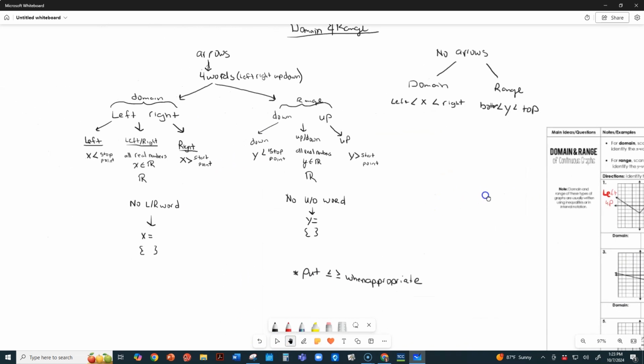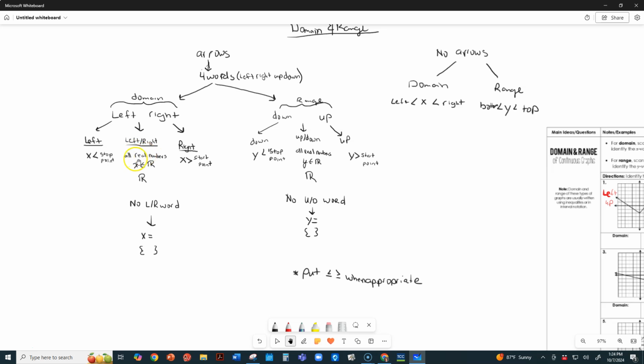So when I look over here, I see that when I use the words left and right, I use them both, then the domain is going to be all real numbers. And I can write out those 3 words, all real numbers, or I can say X is an element of the real set, X because we're talking about domain, or then sometimes they just put the double bar R, and they just say it's the real set of numbers.